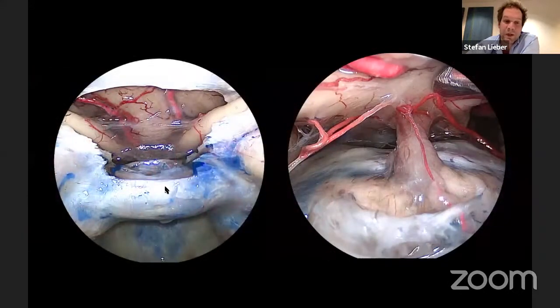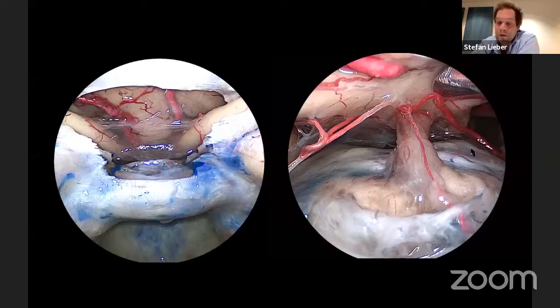Just briefly, suprasellar exposure. This is preservation of the arachnoid, which protects the interchiasmatic vasculature, which usually consists of 3 stable branches of the superior hypophyseal artery. There's an infundibular branch. There's a recurrent branch which runs with the chiasm, and then there is a branch to the infundibulum and the anterior pituitary.